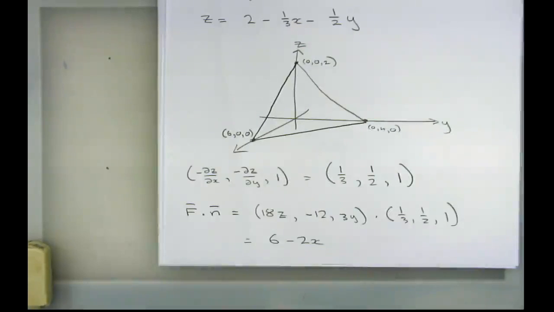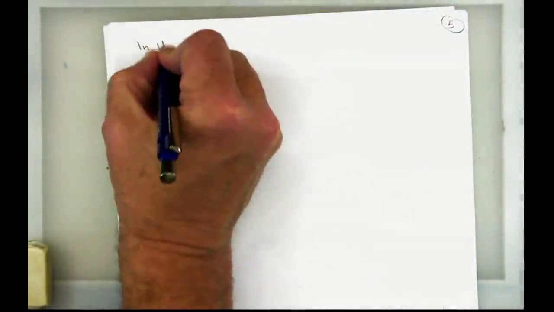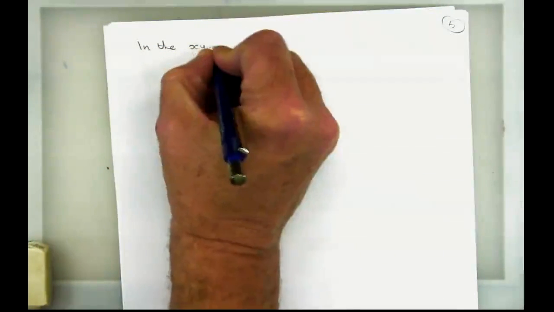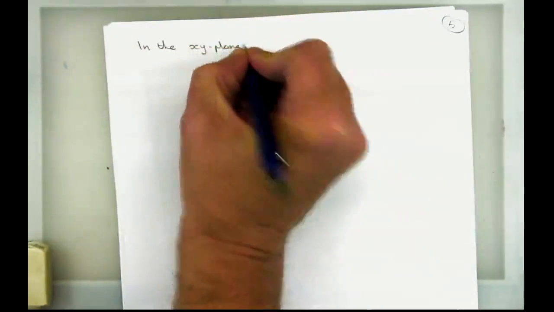What's the next step? What does this look like in the xy plane? It's the 2 minus a third x minus a half y equals 0, isn't it? And you can figure out what it looks like. So in the xy plane, what have we got?